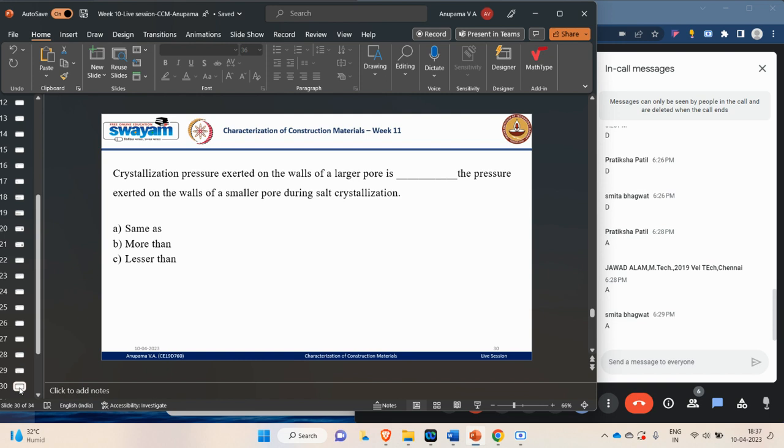When the salt crystallizes, a pressure is exerted on the walls. The statement says that the crystallization pressure exerted on the larger pore is dash the pressure exerted on a smaller pore. Is it the same, or more, or less?